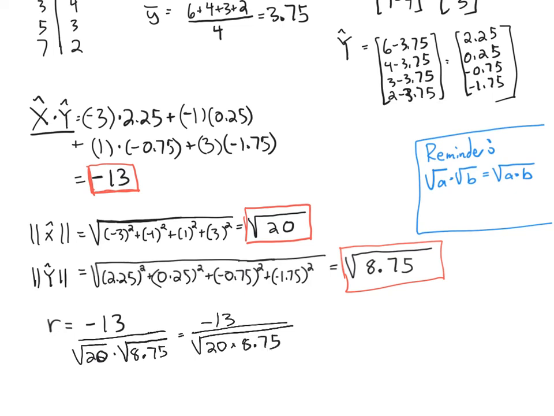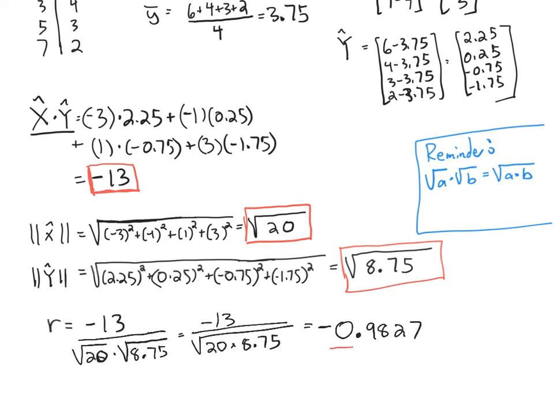So that'll just help me if rounding ever becomes an issue. I'm rounding fewer times. Okay, so let's put that into my calculator, and I get roughly negative 0.9827 to 4 decimal places. So that's our r value.